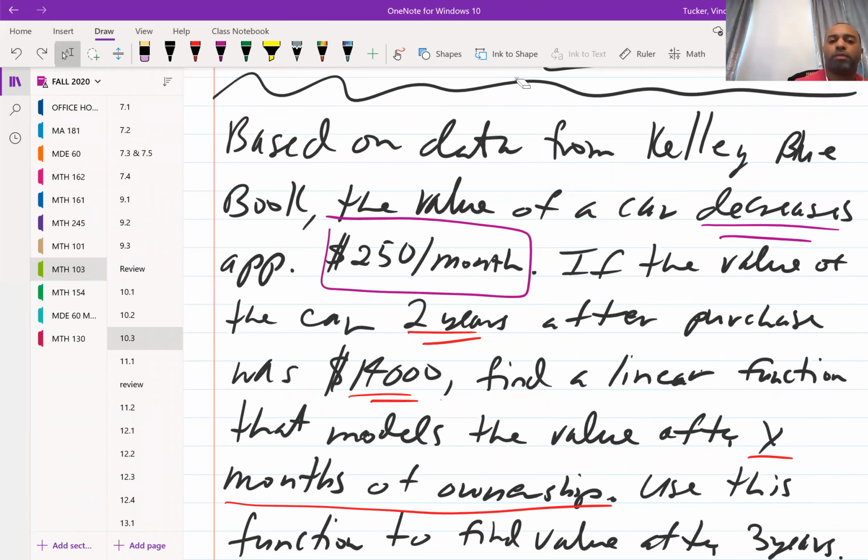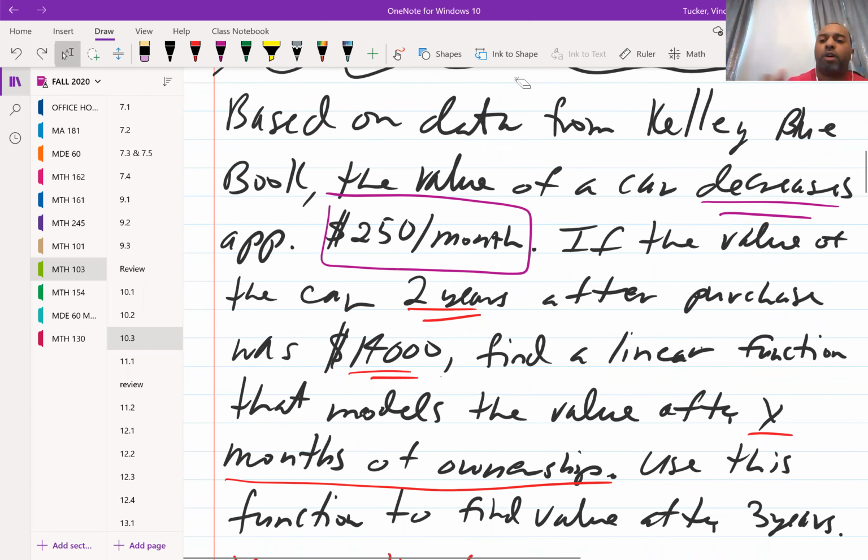All right, here we go. So based on data from Kelley Blue Book, the value of a car decreases approximately $250 per month.